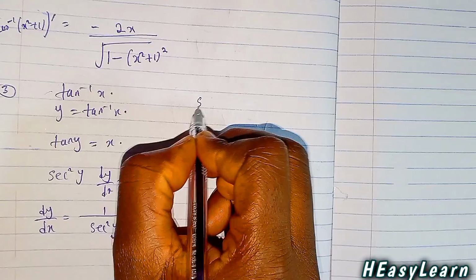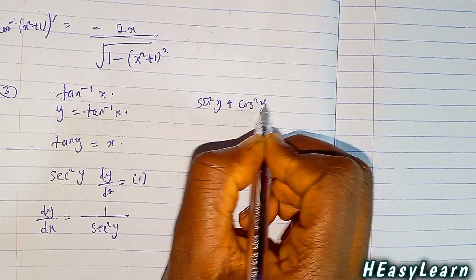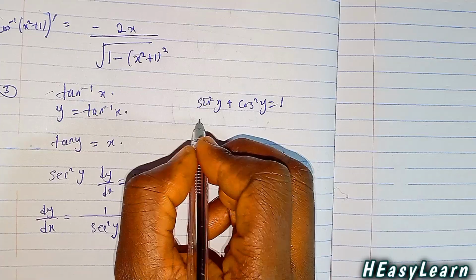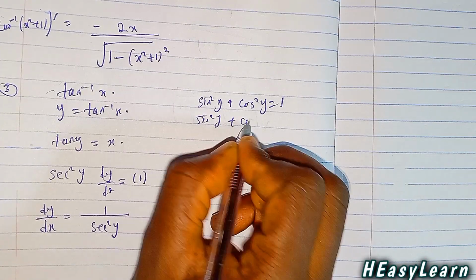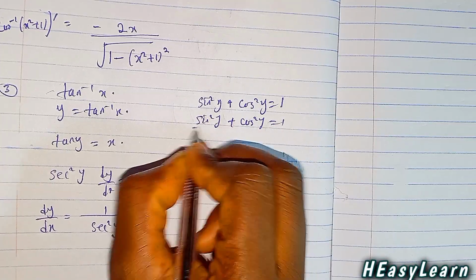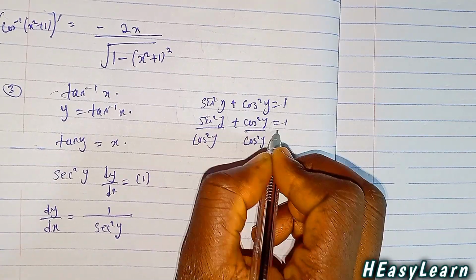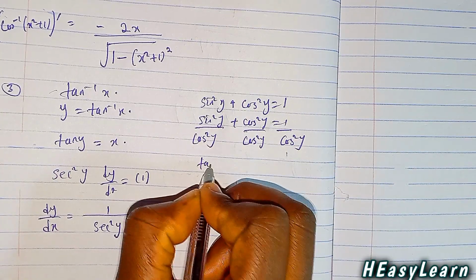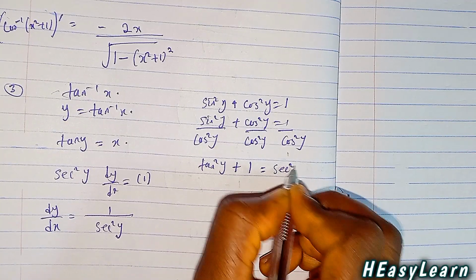From the trig identity, sin squared y plus cos squared y is equal to 1. Divide through by cos squared y. This gives tan squared y plus 1 equals sec squared y.